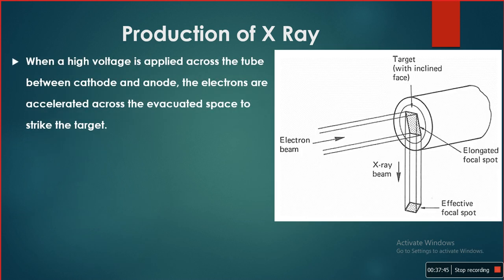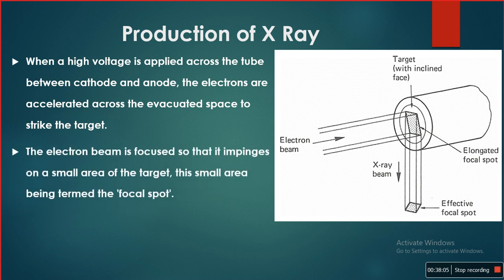When high voltage is applied across the tube between cathode and anode, the electrons are accelerated across the evacuated space to strike the target. The electron beam is focused so that it impinges on a small area of the target, this small area being termed the focal spot. So consider, this is the focal spot.